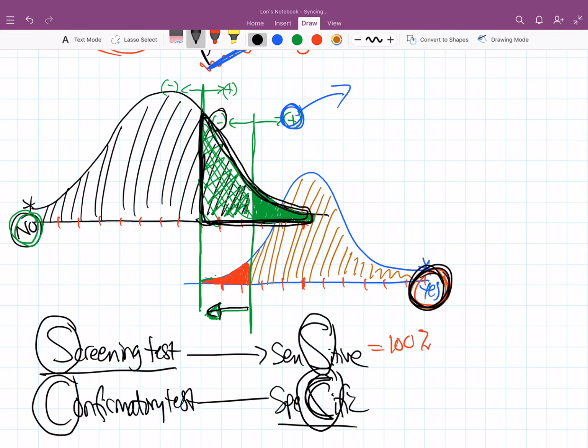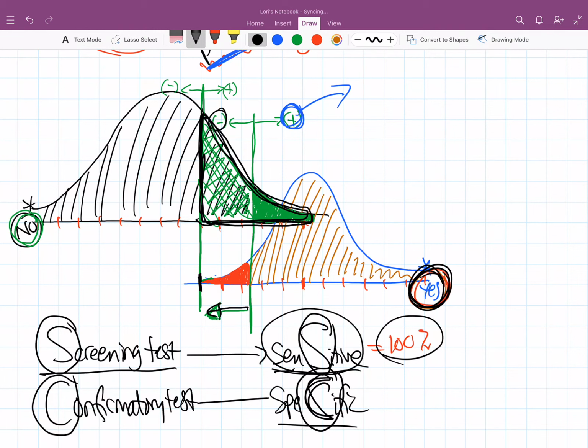We increased the sensitivity all the way up to 100% by moving it below the bottom person. And so that's the downside of moving that cutoff value. We try to find a sweet spot where we're not missing too many. Our sensitivity is high enough to be considered good, but we're not capturing too many of those false test results.